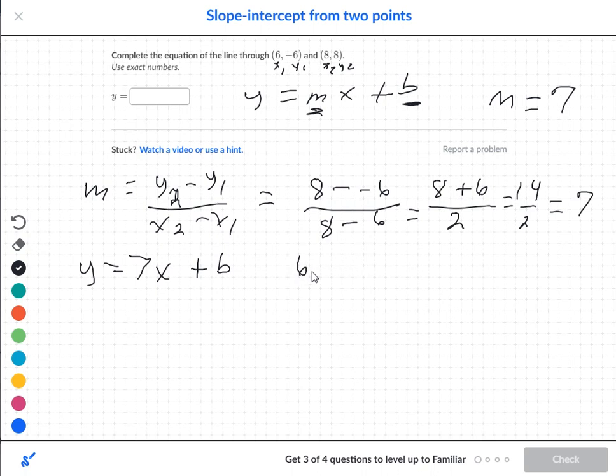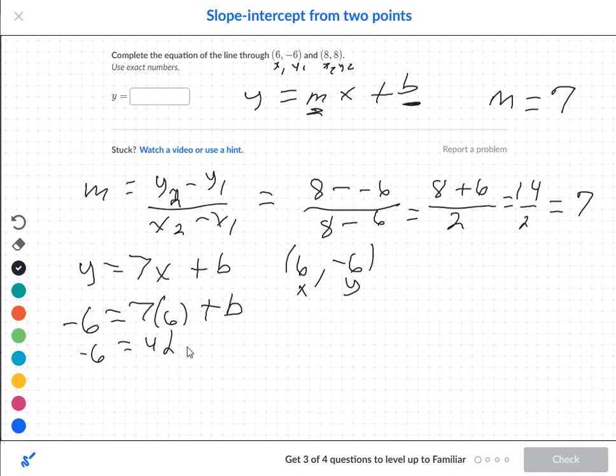So the first point was 6, negative 6. So this is your x and this is your y. So the y itself is going to become negative 6. We're going to say 7 times 6 plus b. So from here we're going to get negative 6 is equal to 42 plus b.